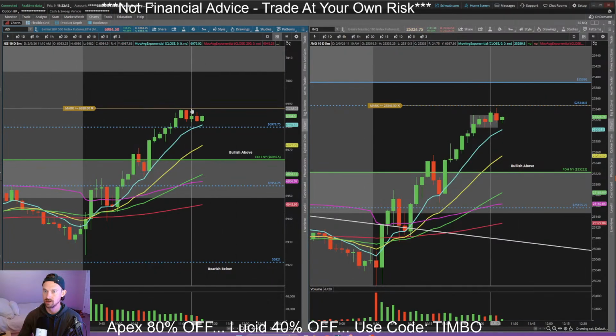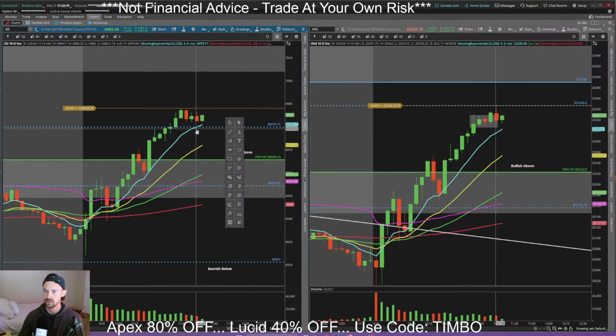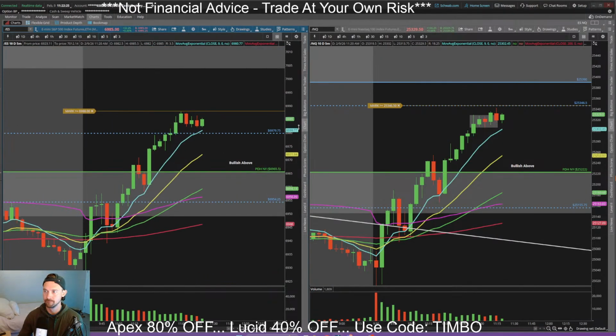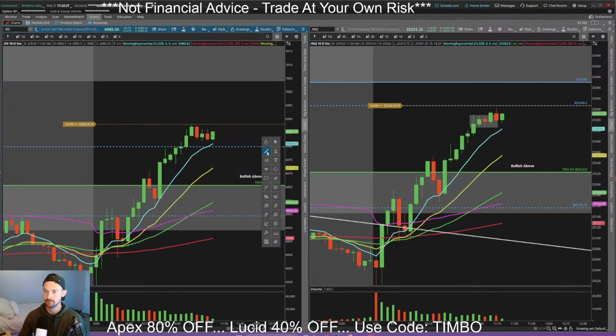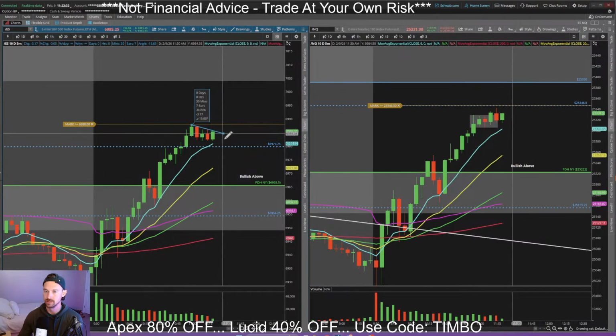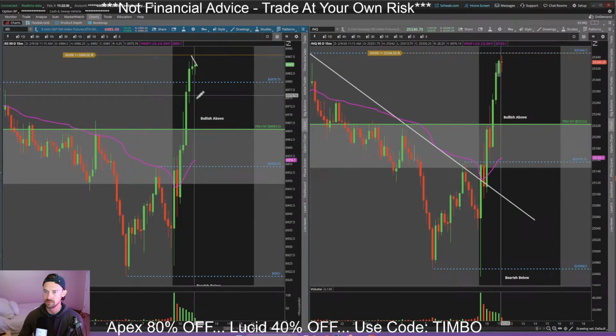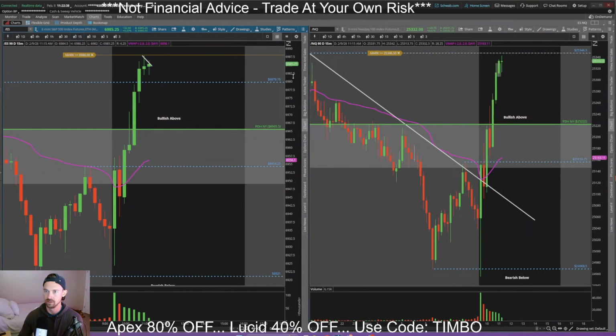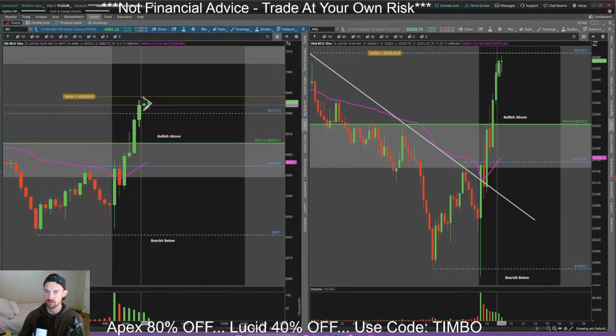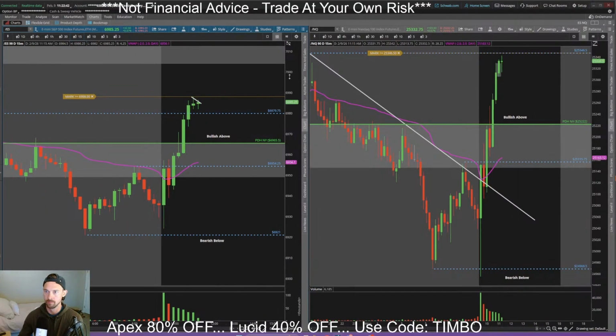Starting to look a little better on ES now, a little bit longer consolidation. Still would have liked to test to this 79.75 level here. But we got a nice little bull flag kind of forming here. Just tough with this 15-minute chart. But, you know, this might have just been a push and then a pause and then maybe another push up.